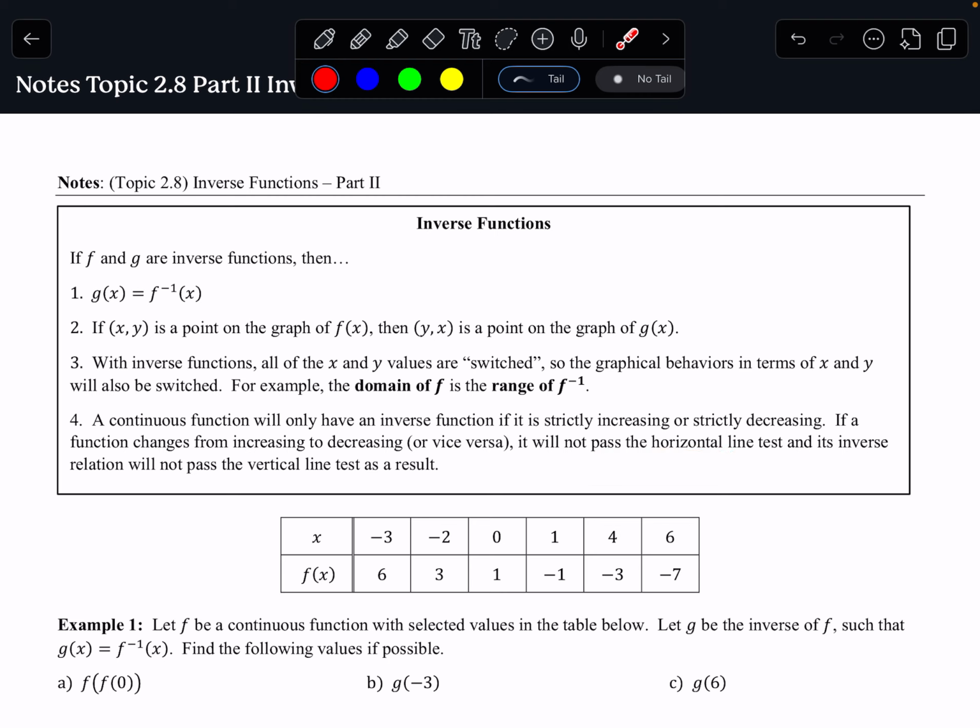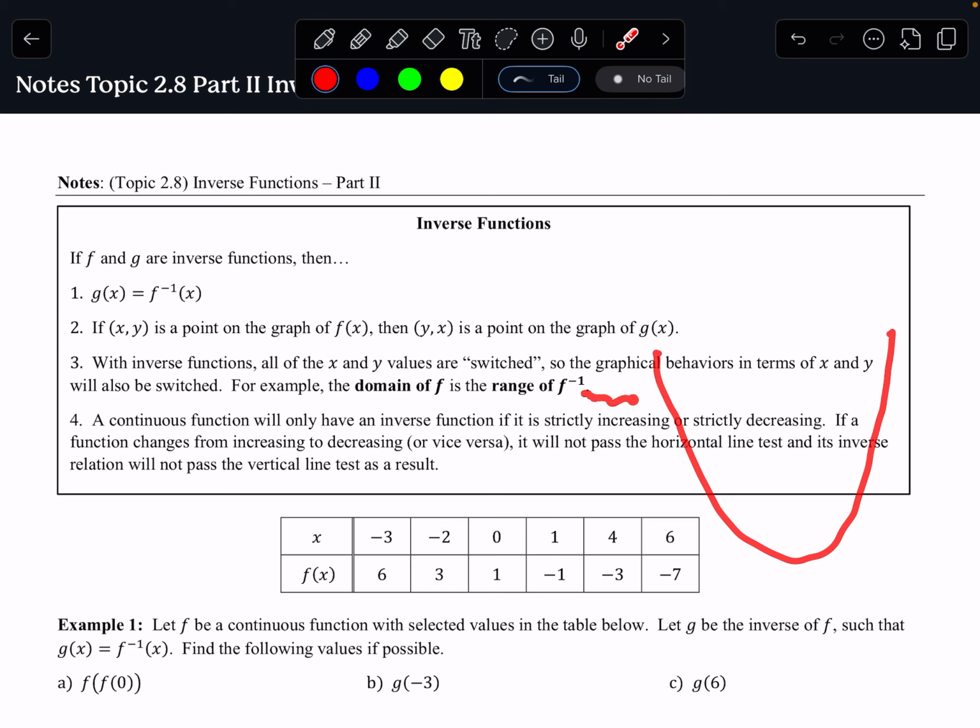Remember, the vertical line test was a test on how you determine if a relation is a function. So for instance, if I had a parabola, it passes the vertical line test. Every vertical line only hits one point. It's a function. However, a parabola does not pass what's called the horizontal line test.